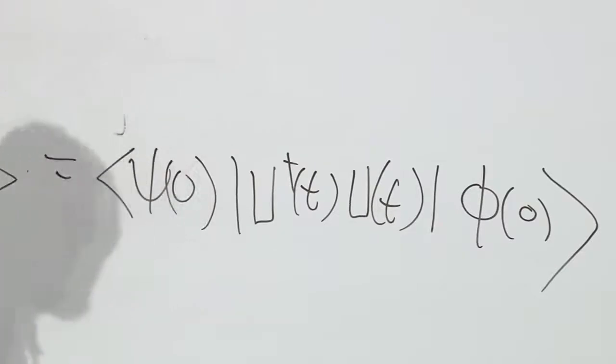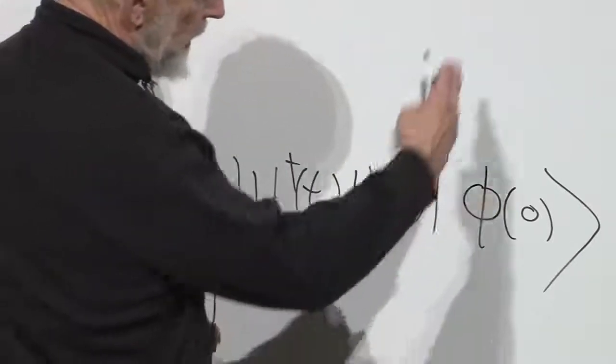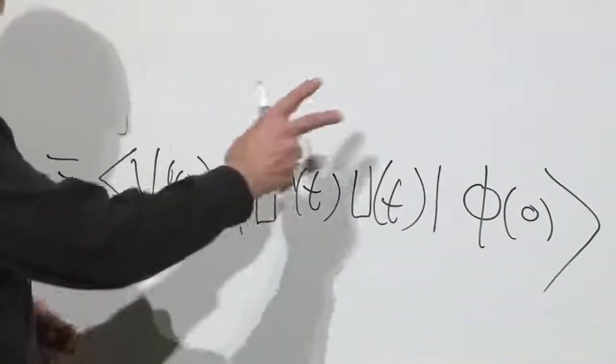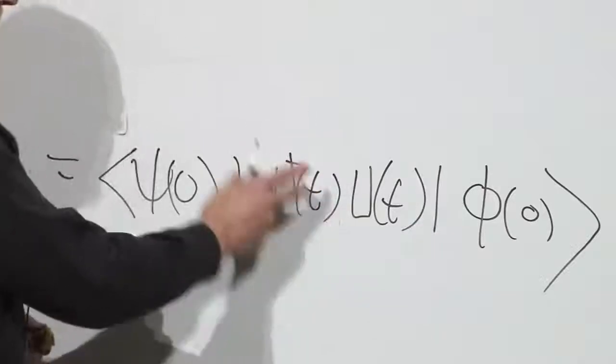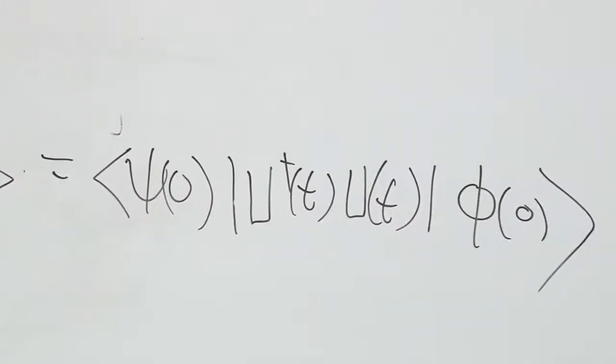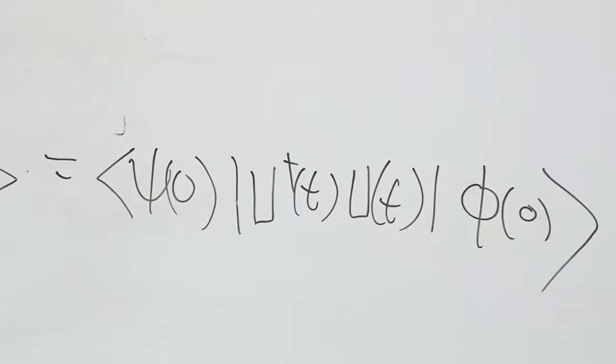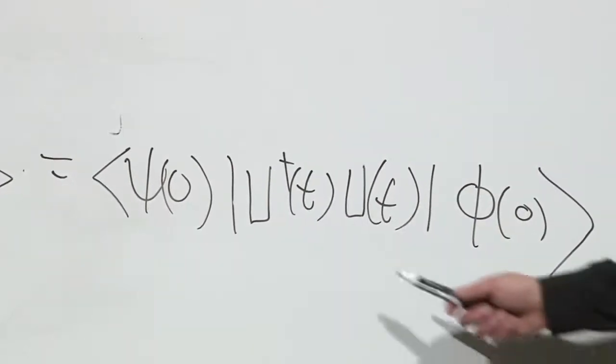We didn't talk about this, but the product of two operators is a very simple concept. You take a linear operator and you apply it to a vector, and then you take the result and you apply another operator to it. The process of repeatedly applying two operators gives you an operation which is called the product of the two operators. So that's what this is. First you hit phi with U, and then you hit the result with U dagger.